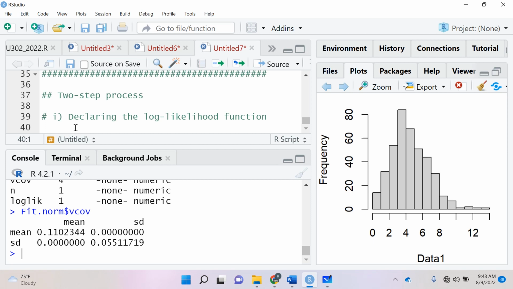So, the log likelihood function that you write in R takes at least two arguments.